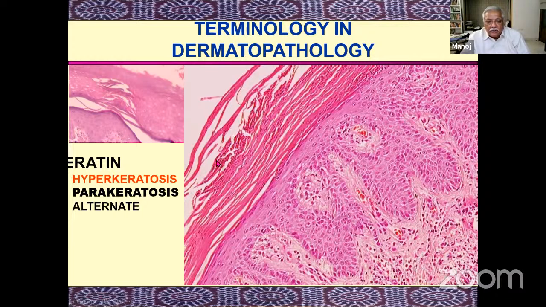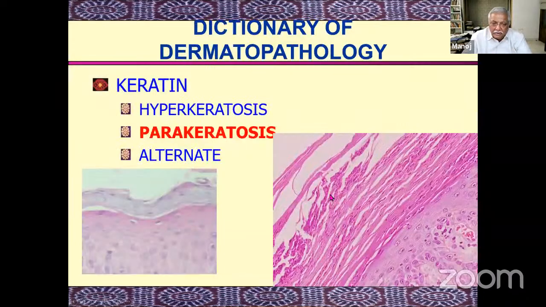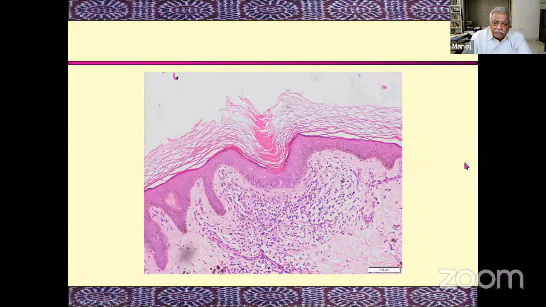So you have this parakeratosis here, no parakeratosis in between, alternate hyper and parakeratosis. Similar thing here, parakeratosis here, none in between, and then again parakeratosis here.